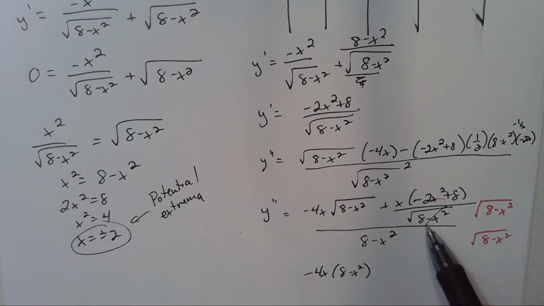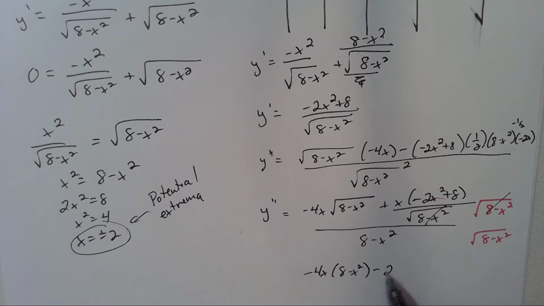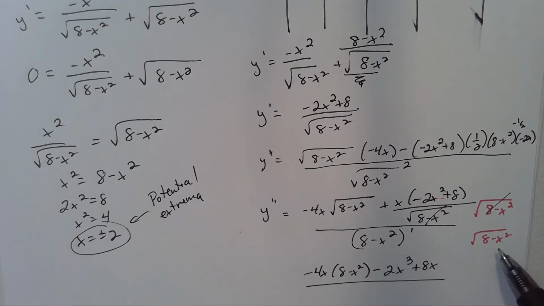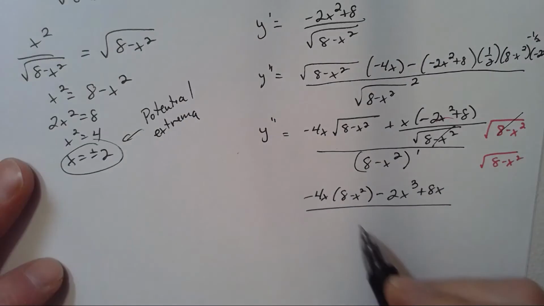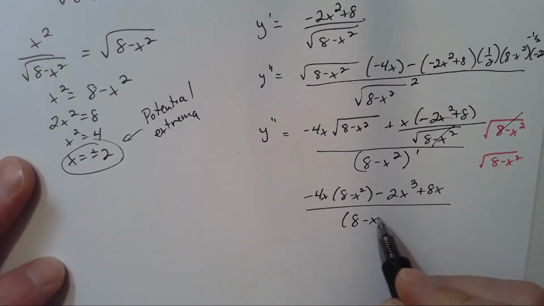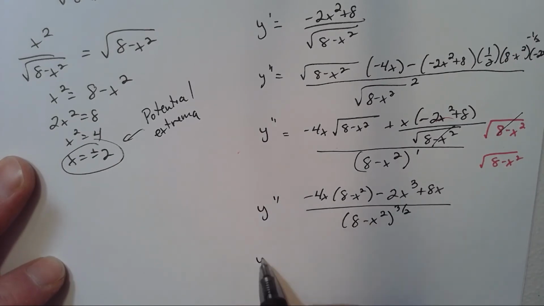And then these two will divide out, so it's just minus 2x cubed plus 8x over, so 8 minus x squared to the first times 8 minus x squared to the 1/2 is 8 minus x squared to the 3/2. That's my second derivative. Still cleaning it up.